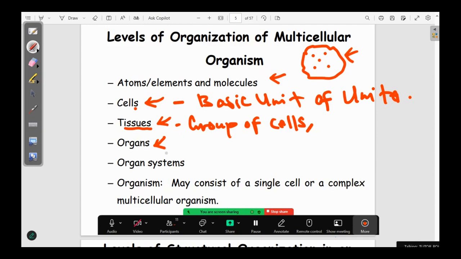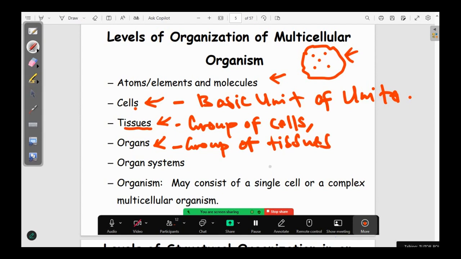So we can say this is just a group of tissues, and this group of tissues, the organ, will perform a specific function.